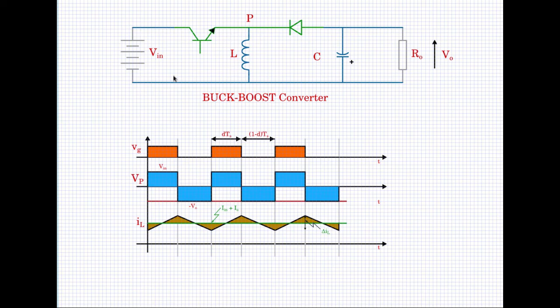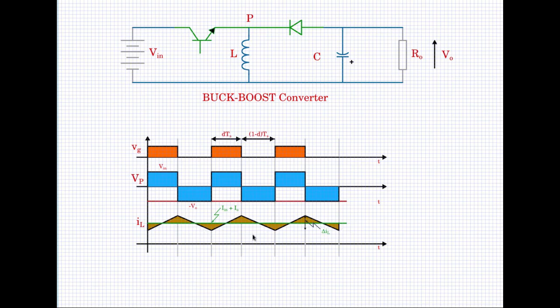So the average of I in and the average of I naught both combine and flow through L. So the average value here will be I in plus I naught, and that is what we have indicated here. And likewise we have a positive slope and a negative slope. When the BJT is on, V in by L is the positive slope, and when the BJT is off, minus V naught is appearing across L, and the downslope is negative, minus V naught by L.